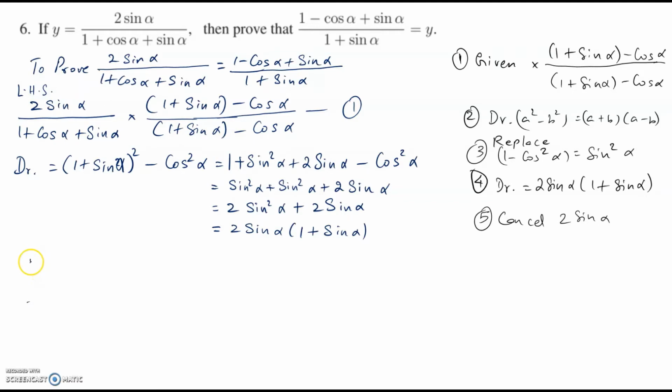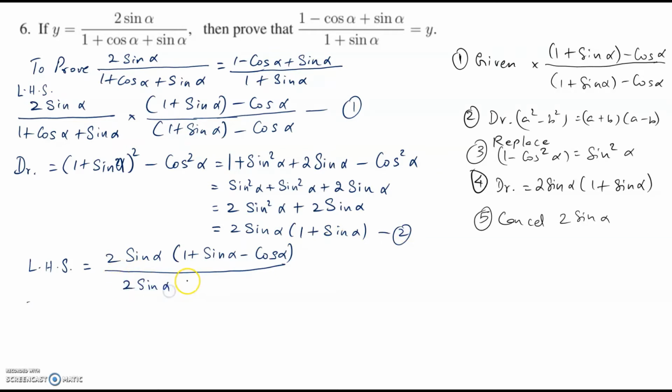So LHS is equal to 2 sine alpha into, you have this here, which is 1 plus sine alpha minus cos alpha divided by your denominator, which will be 2 sine alpha into 1 plus sine alpha.